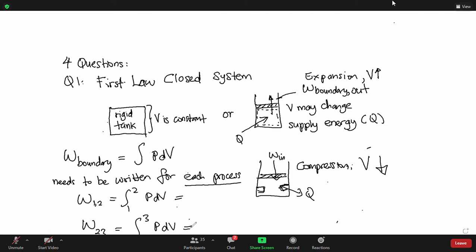It depends. And the equations, do you all know the equations for each type of process? What if it's a constant volume? What is the equation? What's the equation if it's a constant volume? 0. Hello?